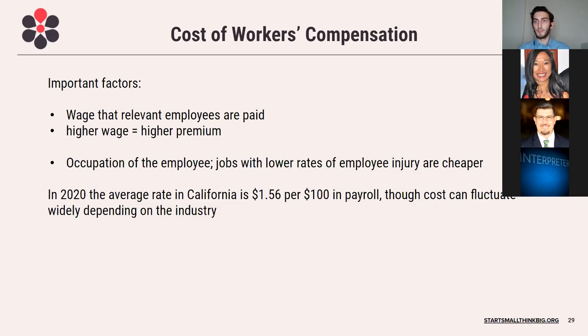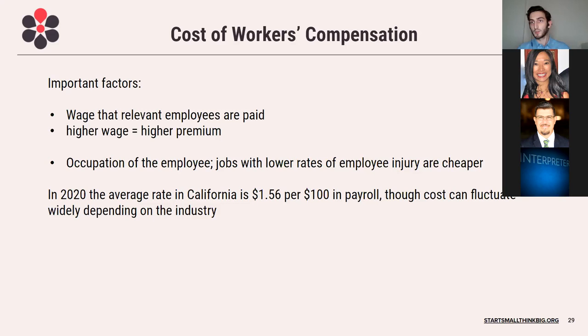So the more they make, the more the insurance is. The other part that is relevant is how dangerous is the job. And this is, I think, intuitive, because if you're more likely to be injured, the insurance is more likely to have to pay you, and so it's at a higher rate.